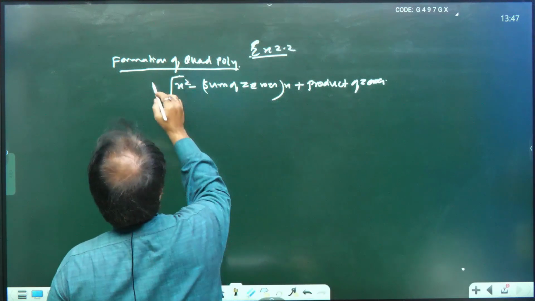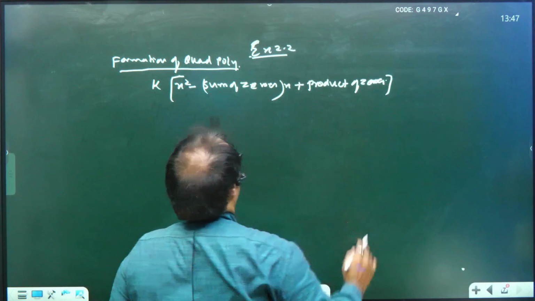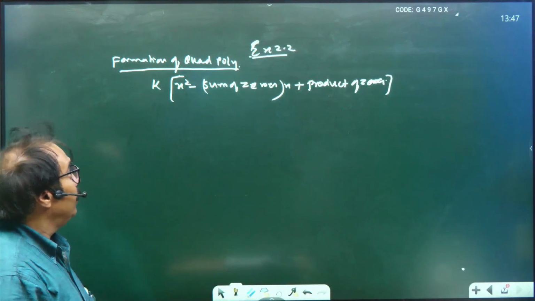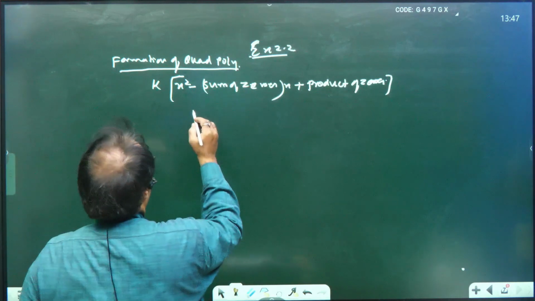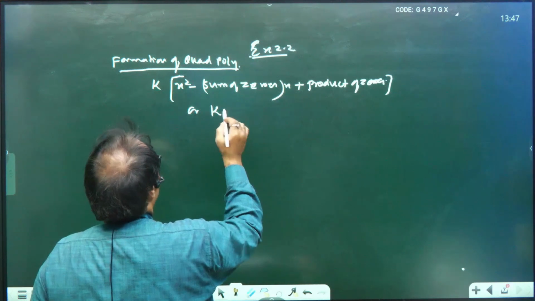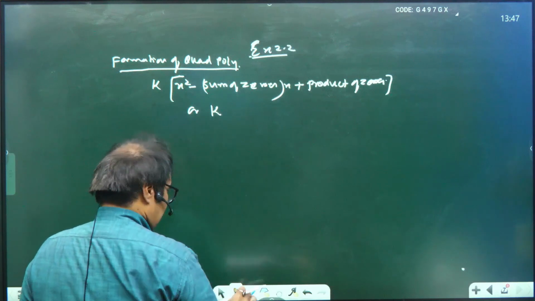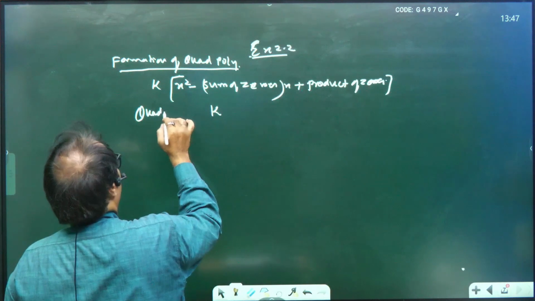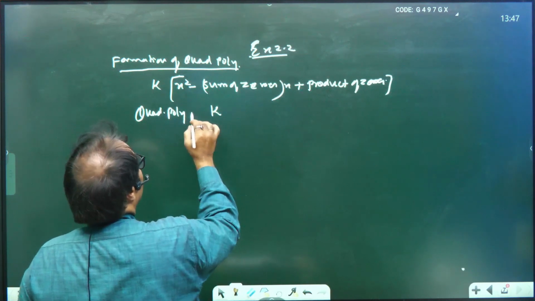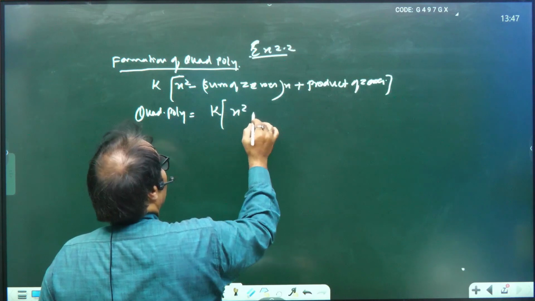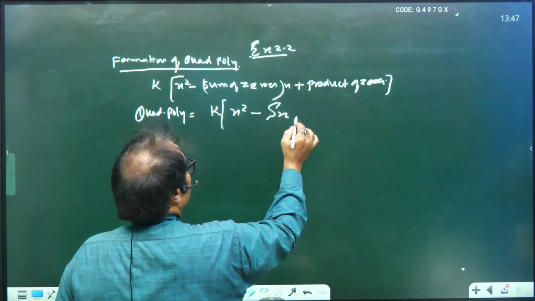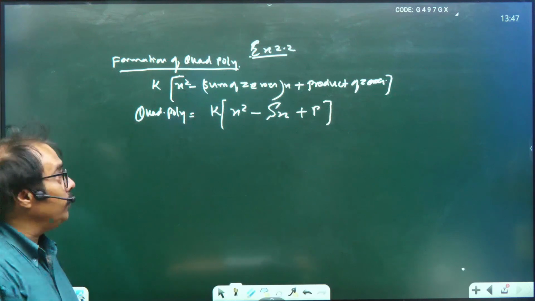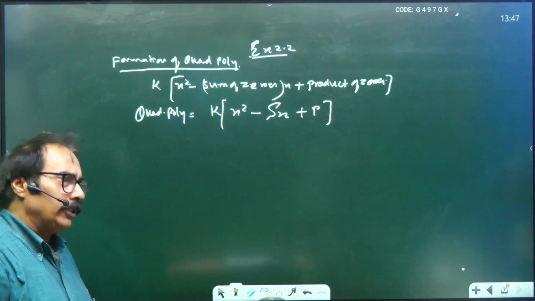Why I am writing k here, that I will explain. You may write in short form: the quadratic polynomial is k times x square minus Sx plus P, where S stands for the sum of the zeros and P stands for the product of the zeros.